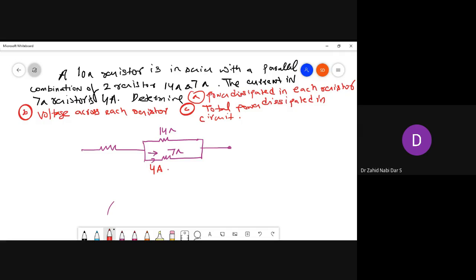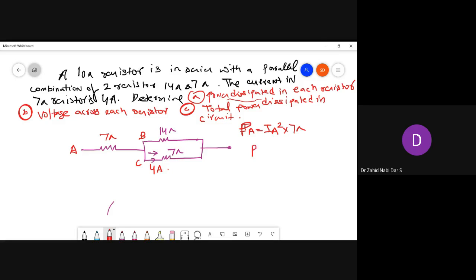Now the question is stating that you have to calculate the power dissipated in each resistor. Taking this as point A, this as point B, and this as point C, the power dissipated at A would be PA equals IA squared times 7 ohms.